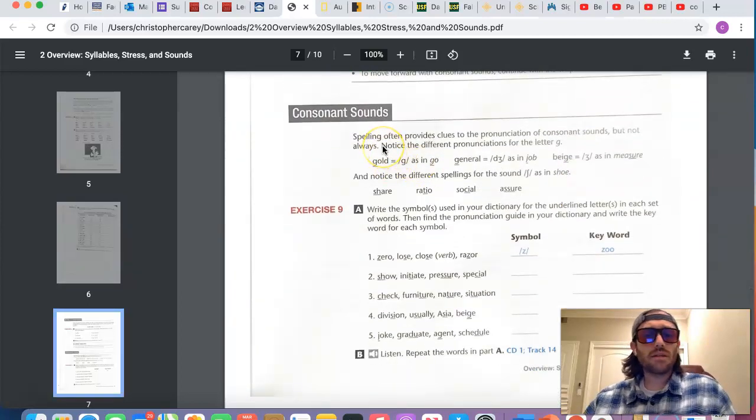Now, spelling often clues us in as to how the consonants are pronounced in English, but not always. You can see here in these examples how a letter in English can be pronounced a variety of ways.